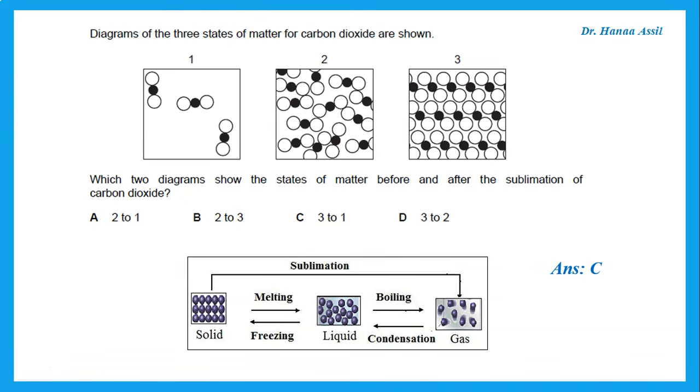So please notice that he could rearrange the boxes any way he wants. The sublimation is from solid to gas. Which of these is solid? The one where the particles are regularly arranged. So that is 3. To 1, where the gas is particles far apart. So that is sublimation.